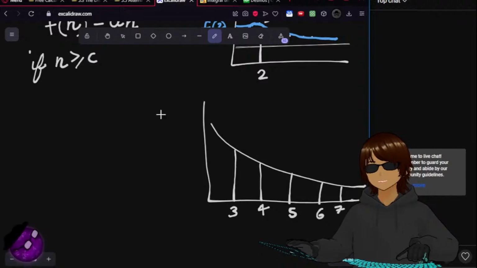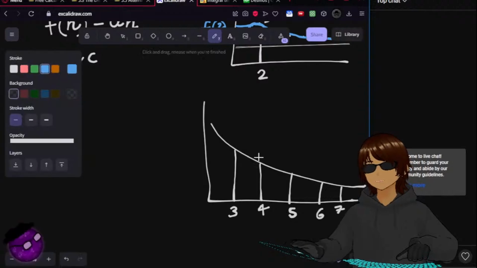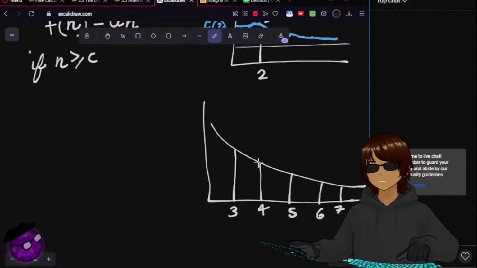So the right Riemann sum would be a triangle going all the way up till here. Actually, this here, this. We are using intervals of 1.